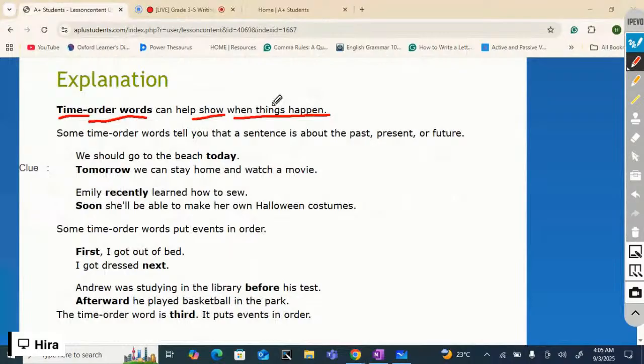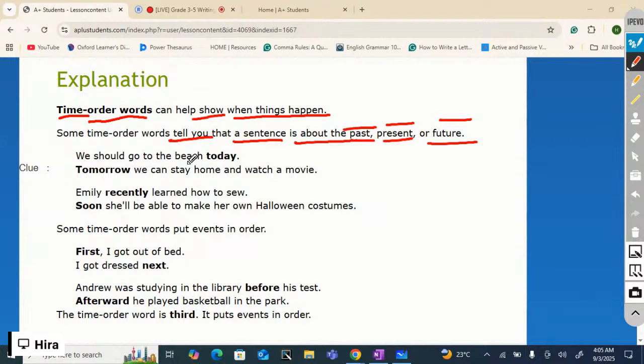There are certain words which help us show when things happen. Some time order words tell you that a sentence is about the past, present, or future.